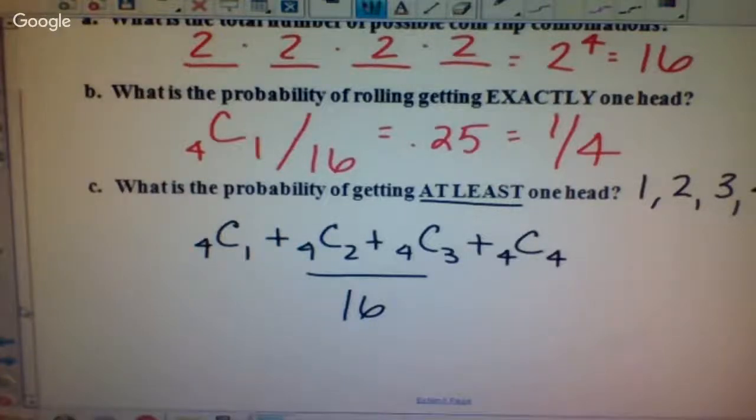You would plug the entire top in, hit enter, and then divide by 16. Please make sure after you plug in the top that you hit enter, so it adds all of that up first before we divide by 16.